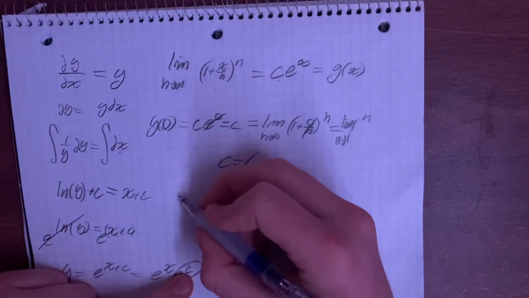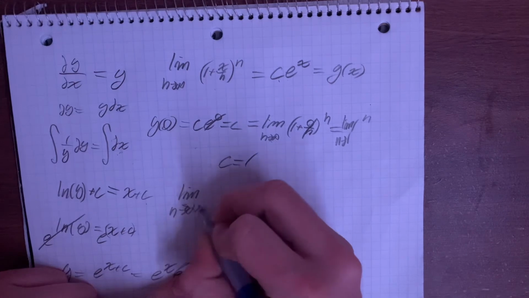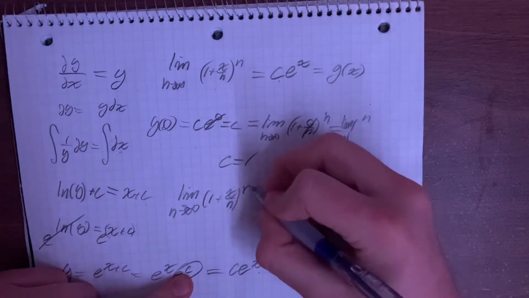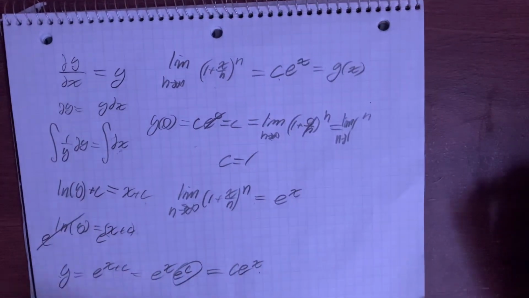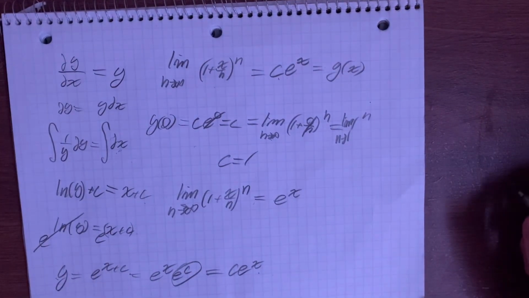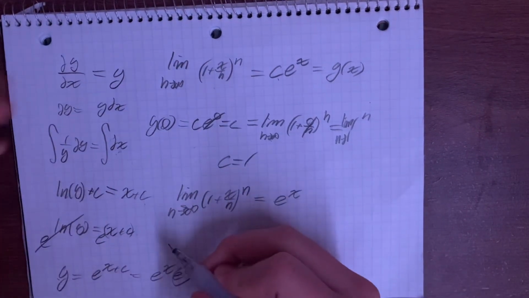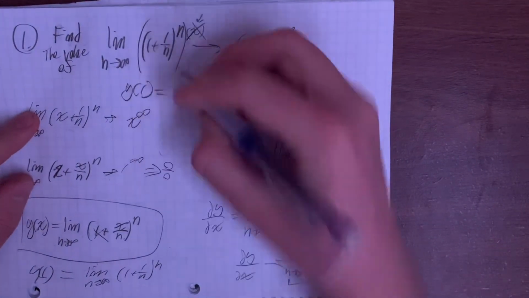So in fact, this function of x, y of x, (1 + x/n)^n in the limit, is actually just equal to e^x. How great is that? Now, of course, we still have to plug in the value of our original limit, remembering that y of 1 is just going to equal this original limit.